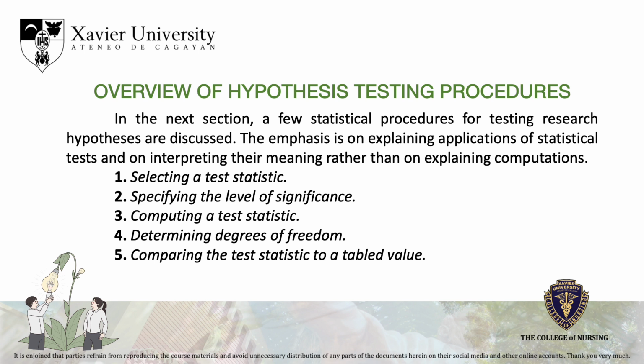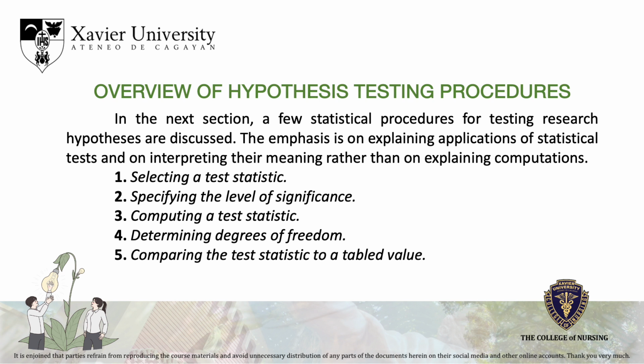An alpha level of 0.05 is usually chosen, but sometimes the level is set more stringently at 0.01. Step 3, computing a test statistic. Researchers then calculate a test statistic based on the collected data.